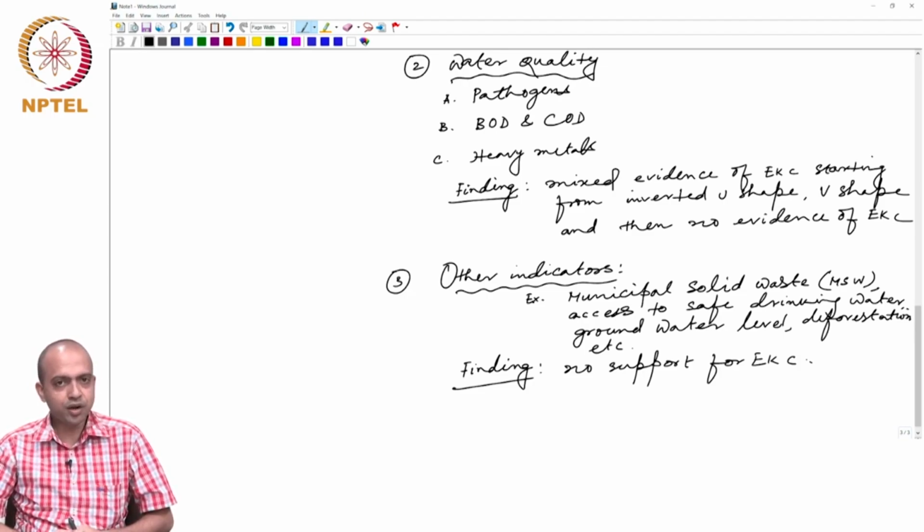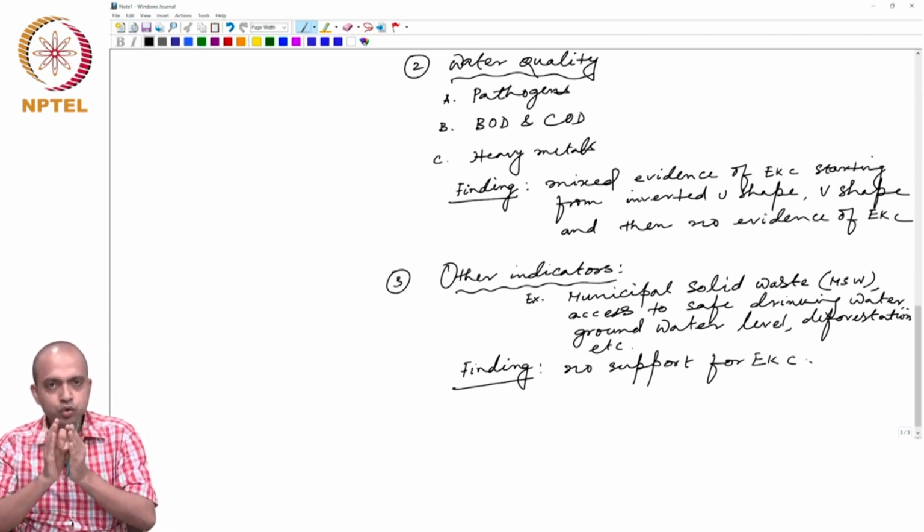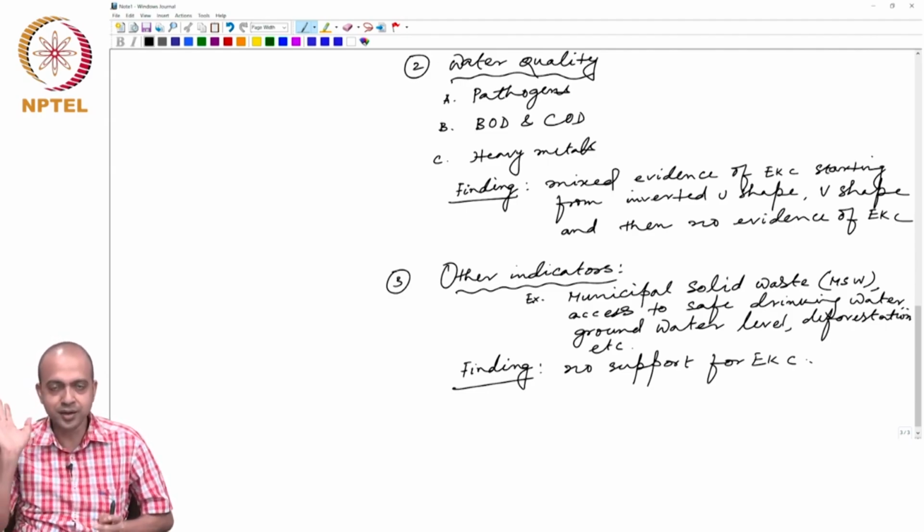So, policies cannot be generalized. That means, findings from air quality cannot be applied to water quality, or findings from water quality indicators cannot be applied to other indicators. So, we need to formulate environmental policies depending on what type of indicators we are thinking. So, indicator specific policies should be adopted by the policymakers.